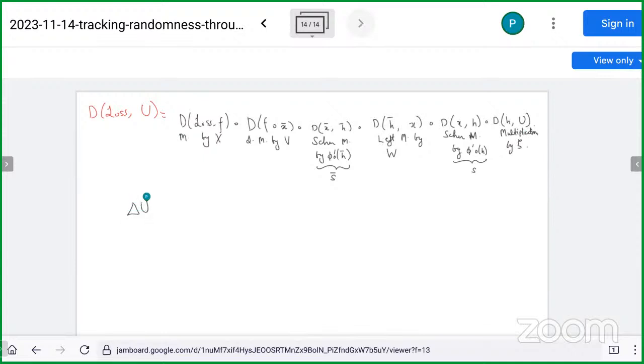It gets mapped to Z times delta U, then the product with S, then left multiplication by W. And then what?